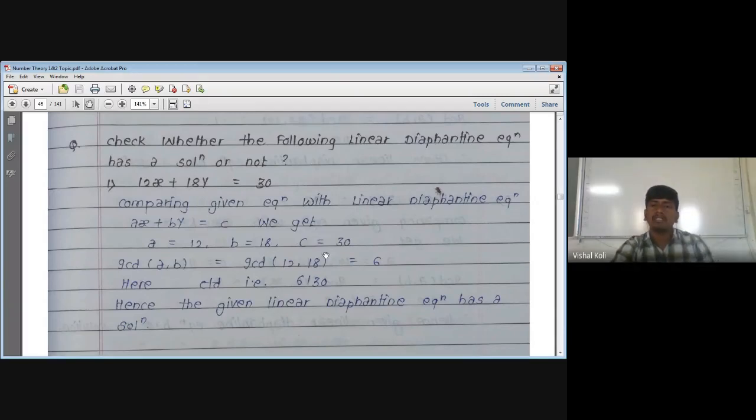According to Euclid's theorem, GCD of 12 comma 18 is 6. Now we get the value of d. It remains to check whether d divides c, that is, whether 6 divides 30. As 6 divides 30, by that theorem the given linear Diophantine equation has a solution.